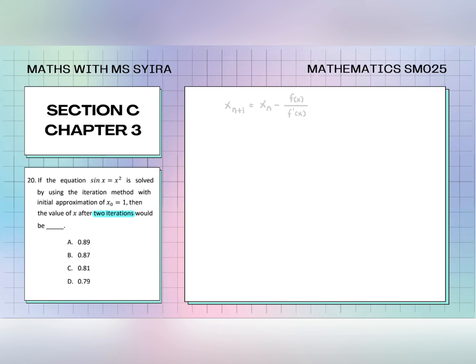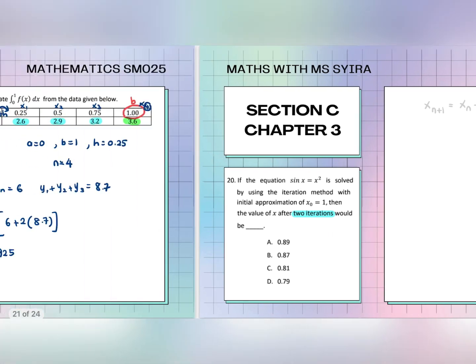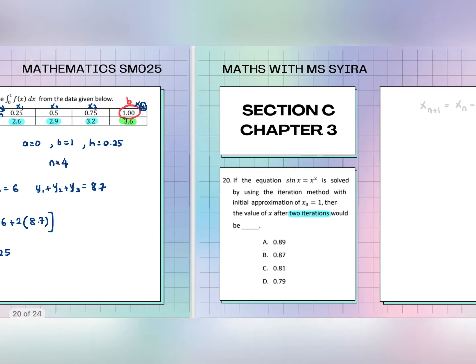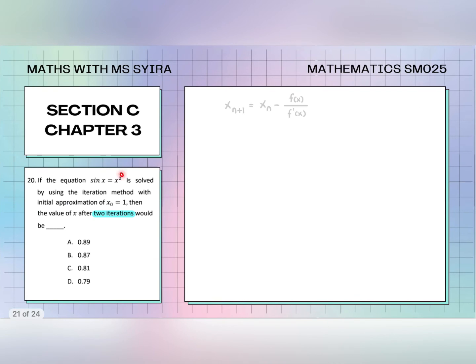Okay, trapezoidal kita perlukan H. Maksudnya soalan itu perlu beritahu kita N dia sama dengan apa. Okay. And then dia kena tahulah kita nak integrate daripada apa ke apa. Tetapi this question tak ada melibatkan itu. Dia hanya bagi sin x equals to x squared.